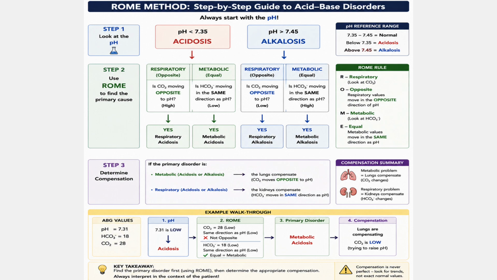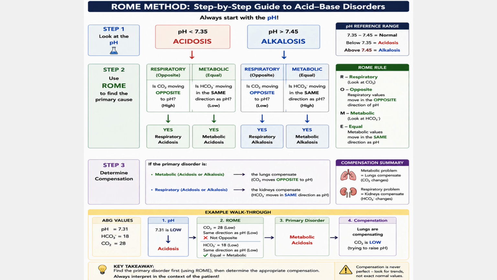So if pH was low and CO2 was high, and they're opposite, then it's respiratory acidosis, because respiratory goes opposite, and metabolic goes equally. So now when you look at the bicarb, it's low, and pH is low, then we know it's a metabolic problem.